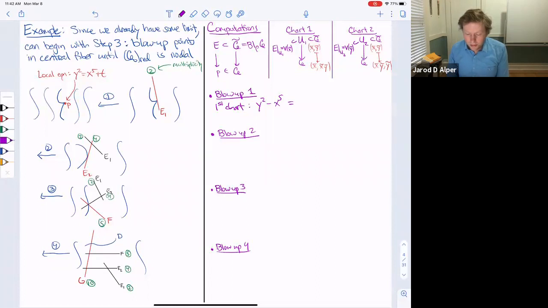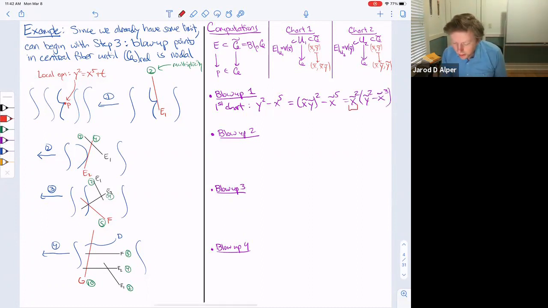If I compute the pre-image in the first chart, y becomes x tilde y tilde, giving x tilde squared y tilde squared minus x tilde to the fifth, which factors as x tilde squared times (y tilde squared minus x tilde cubed). And x tilde in this chart is the equation of the exceptional divisor. So I get two copies of E1.